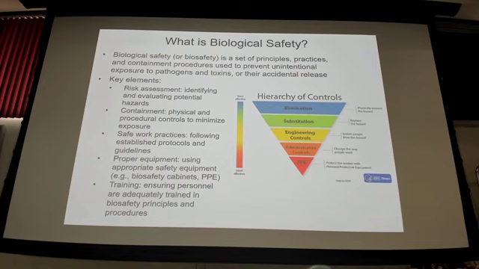So we try to put in as many layers of different controls as we possibly can, and yet we still have accidents happening all the time. Some minor, most are minor, and some of them are major, like some kind of legendary, epic biosafety accidents. Anybody heard of the Sverdlovsk accident that happened where anthrax spores were released in Russia?